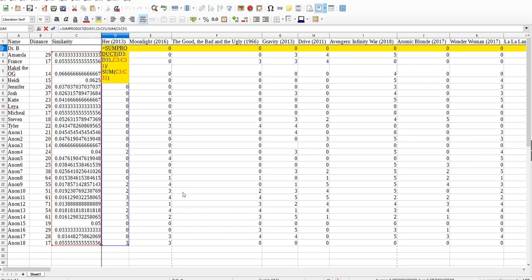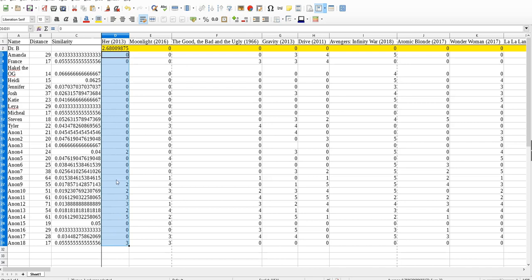So I need to use that SUMIF, where I sum up the similarities, but only if the rating is not 0. So I sum up the similarities as long as the rating isn't 0. And this gets me my predicted score for her based on the ratings of people who saw it.